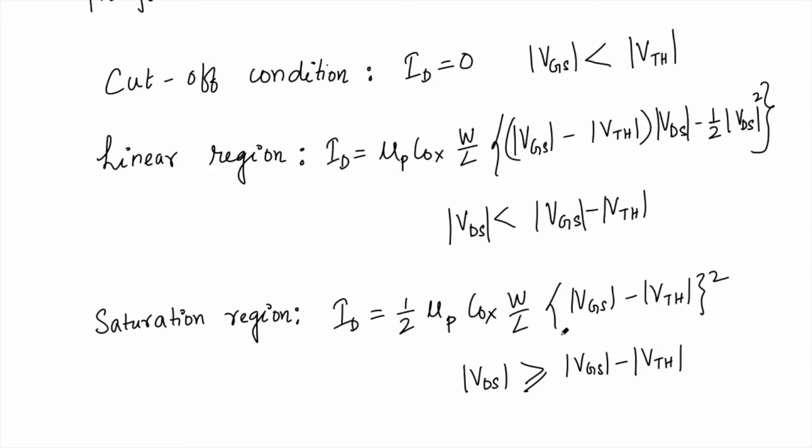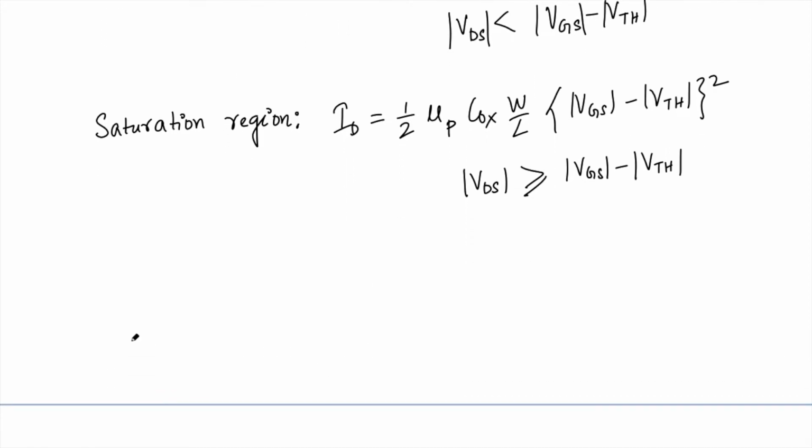What we have seen is that μp is approximately 2.5 times smaller compared to μn. So μn by μp is equal to 2.5, right?